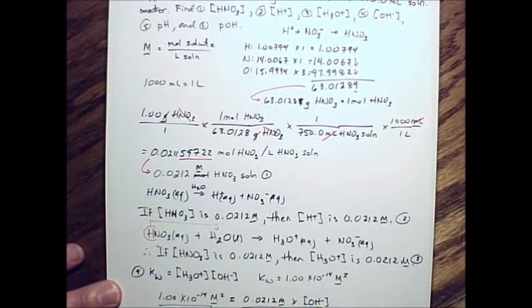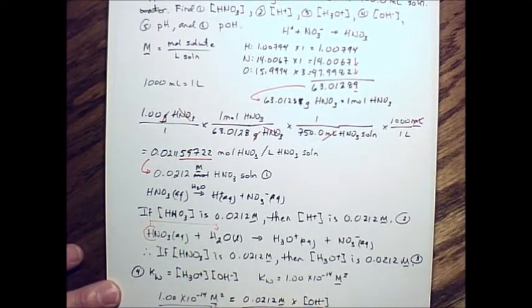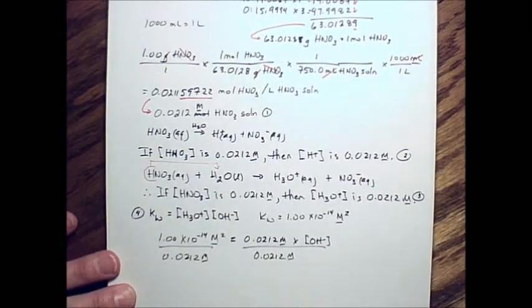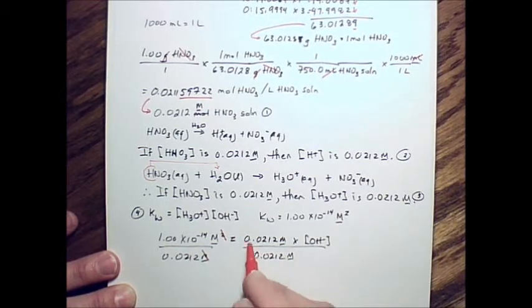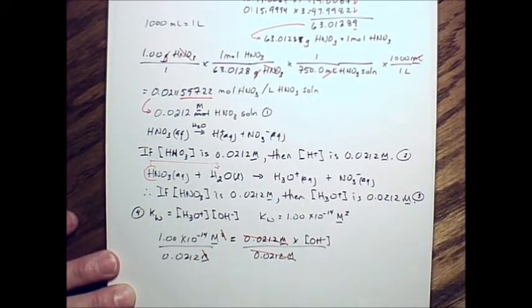Okay. This is molar times molar. That's what molar squared means. And so we're going to cancel one of the molars here and the molar here, and all of this cancels. So we're ready to do the math now to find the hydroxide ion concentration.